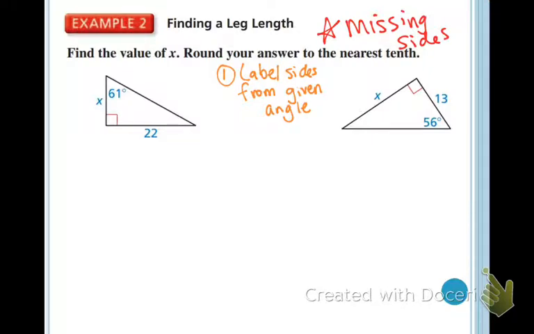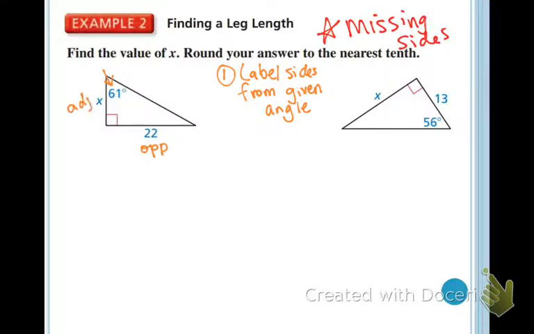So in the first problem, what angle do we have? 61. So when we go to label the sides, we're doing it from the perspective of 61 degrees. Okay? So you want to label the two sides they gave us. What kind of side is 22 in comparison to 61? Opposite. And then x is adjacent.